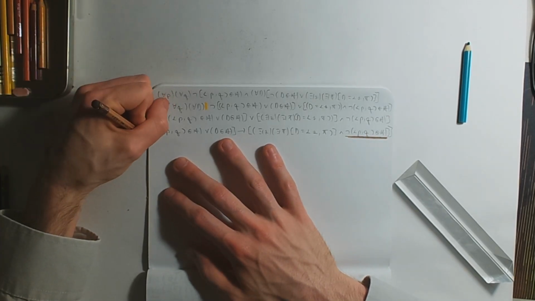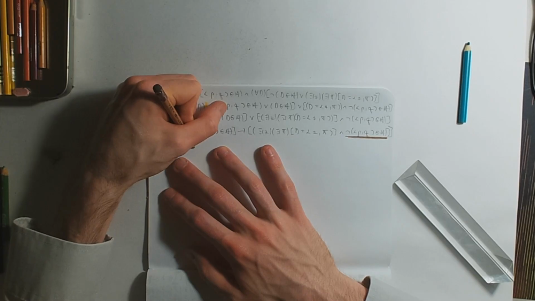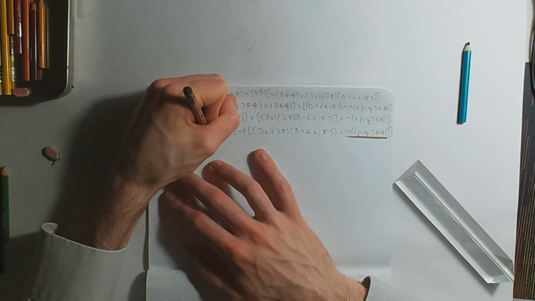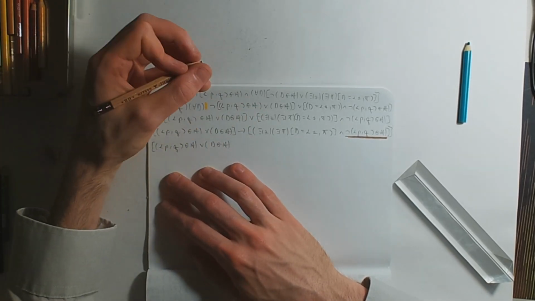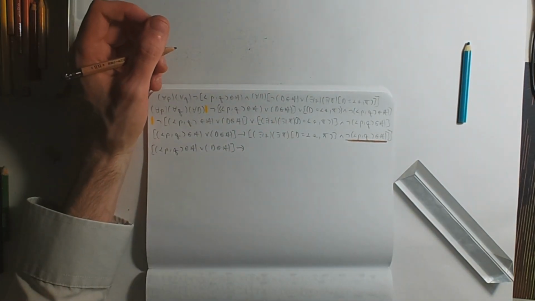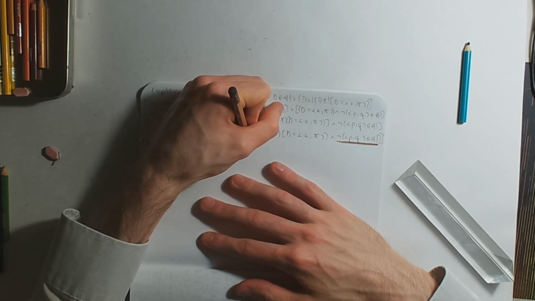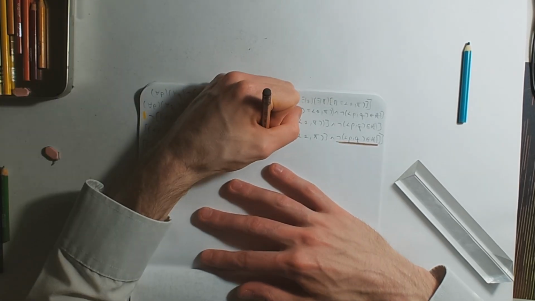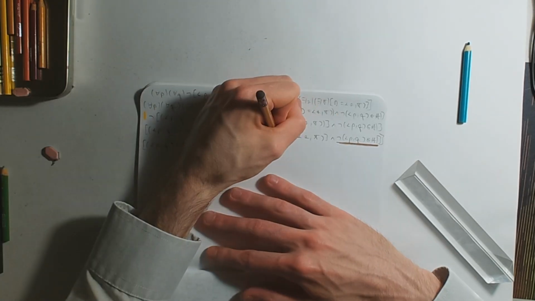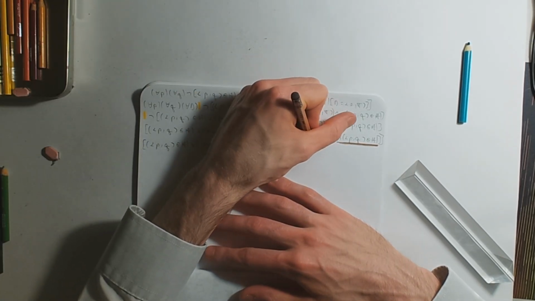Alright, so now we want to say the ordered pair PQ is an element of A, or D is an element of A. Then there exists an S and there exists a T such that D is equal to the ordered pair ST.